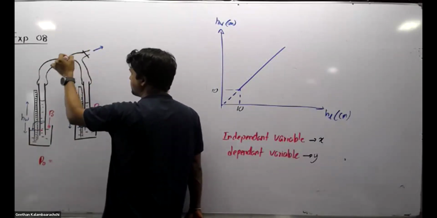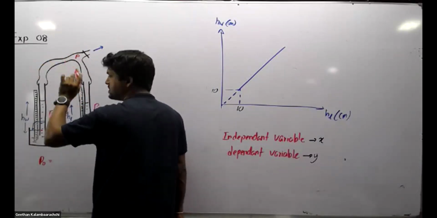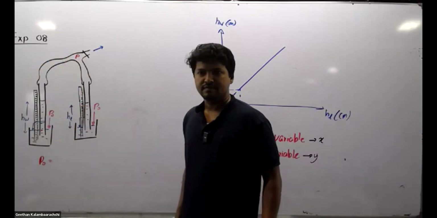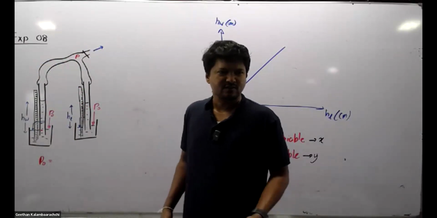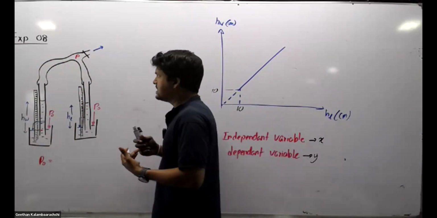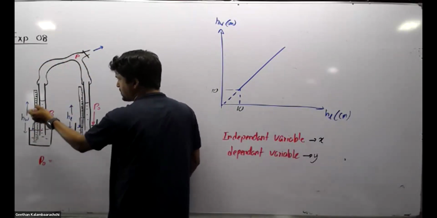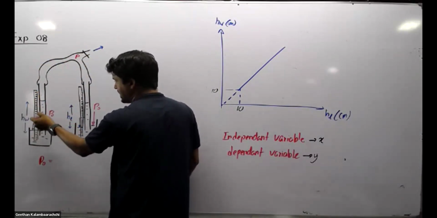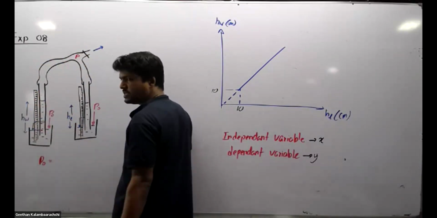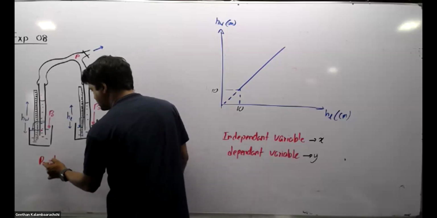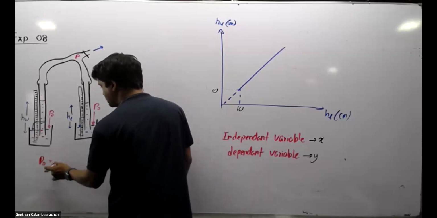When you suck air out, the pressure inside the tube is not atmospheric, it's less. Let's call it P. So the pressure here is P plus HW rho W g.